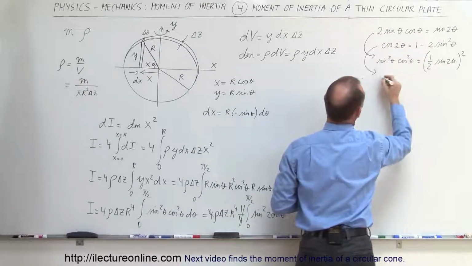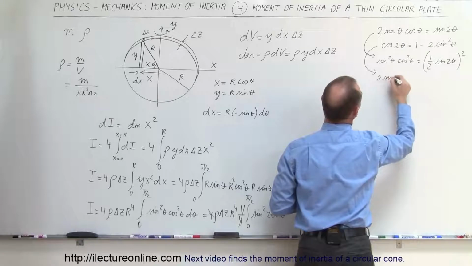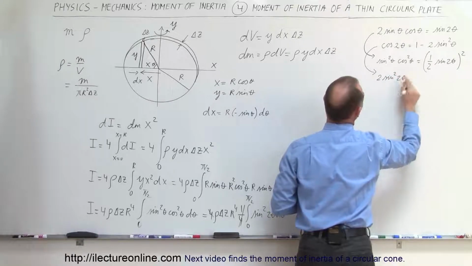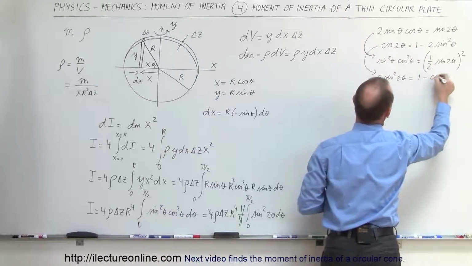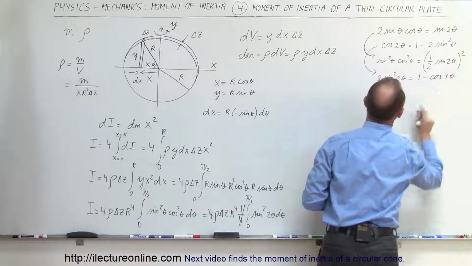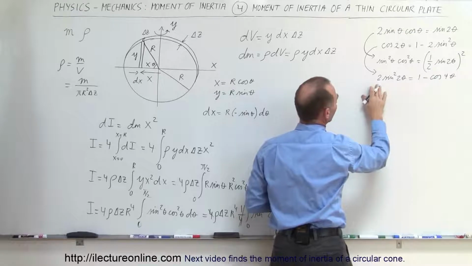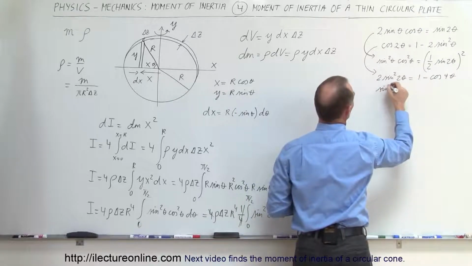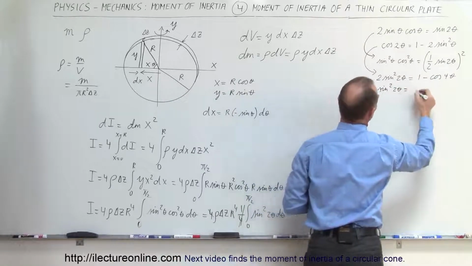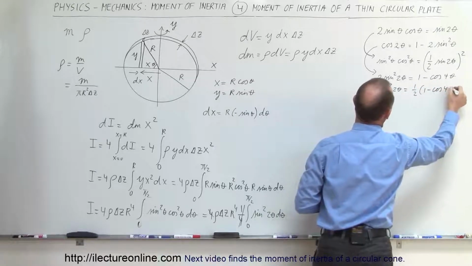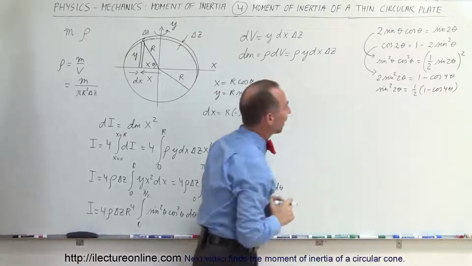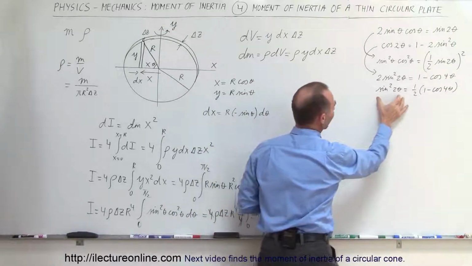So 2 times the sine squared of 2 theta, as a double angle, is equal to 1 minus the cosine of 4 theta. And then dividing both sides by 2, I get the sine squared of 2 theta is equal to 1/2 times 1 minus the cosine of 4 theta. And so that means I can replace this by that.